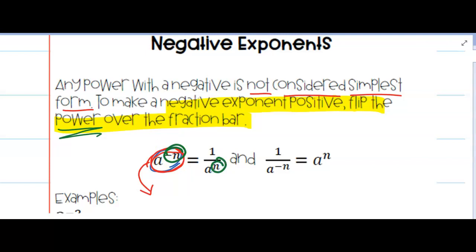Nothing else changes. For example, if I go the opposite way and have 1 over a to the negative n, I see that negative exponent. So you take that power, that base, and flip it over the fraction bar. The a stays the same, but the negative n becomes a positive n.